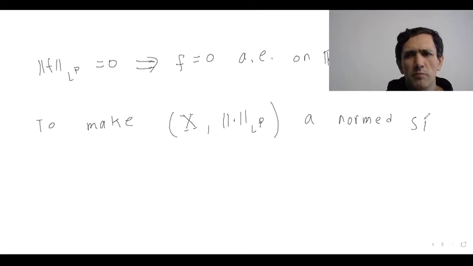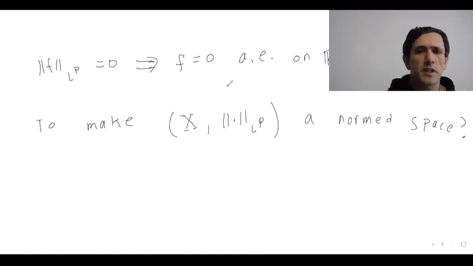I'm doing this because I want to go over a general procedure to basically cook up a normed vector space from a semi-normed vector space. When I say space, I always mean vector space. And I should mention a lot of times, instead of writing X and the norm for a normed space, I'll just say, let X be a normed space, and the norm is implicit. You know. So, okay, well, so we define an equivalence relation.